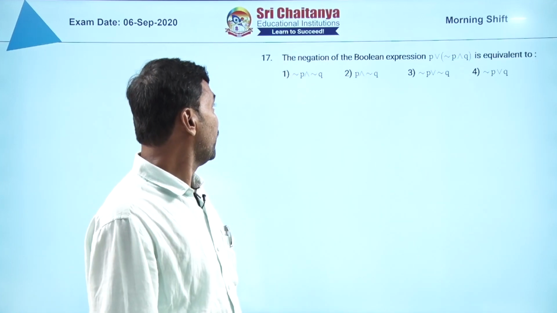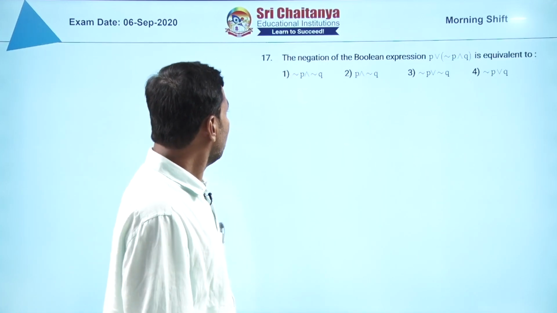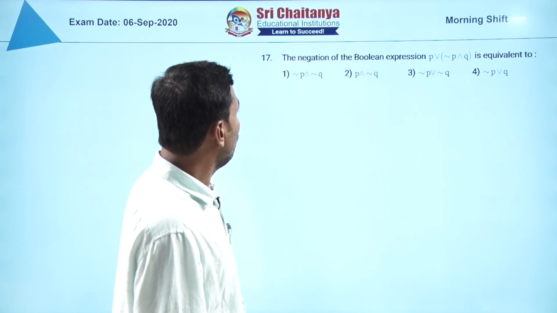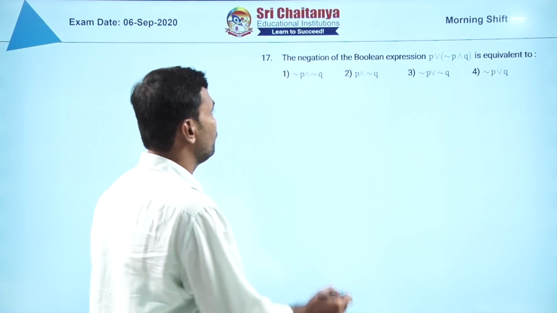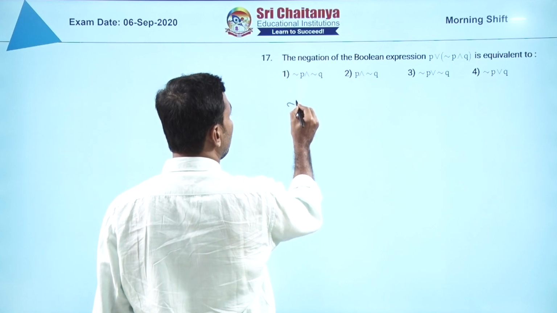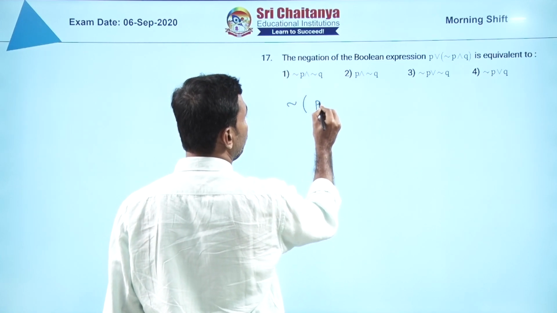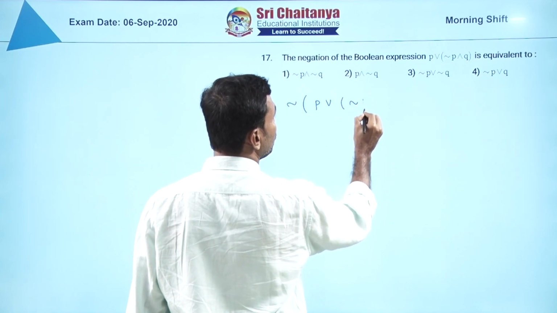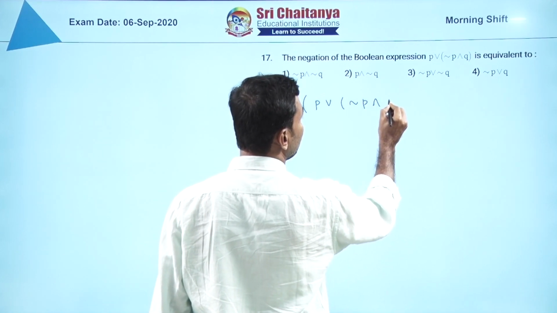Let us go to the 17th problem. The negation of the Boolean expression, this is nothing but negation of (P or (negation P and Q)).